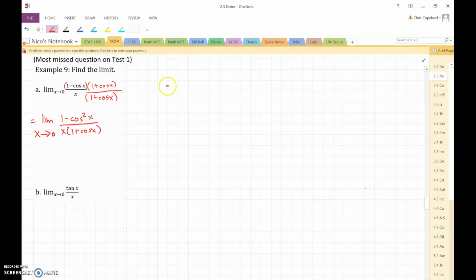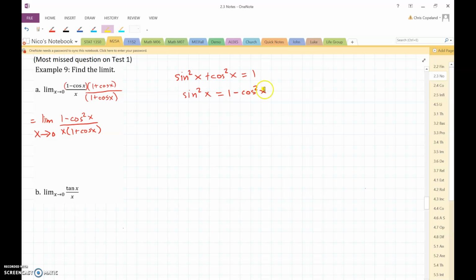Now, notice that sine squared of x plus cosine squared of x equals 1. That's the Pythagorean theorem. I could subtract cosine squared x from both sides and get sine squared x equals 1 minus cosine squared x.